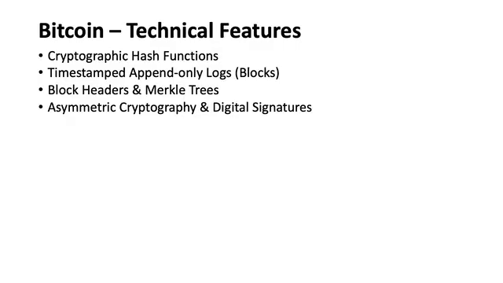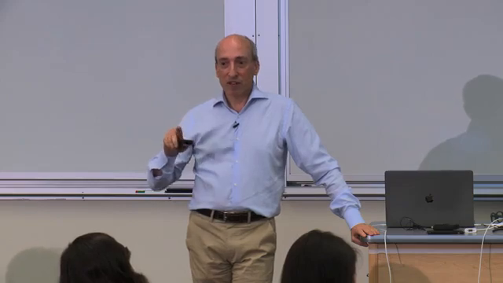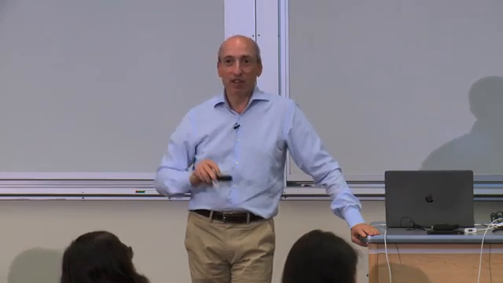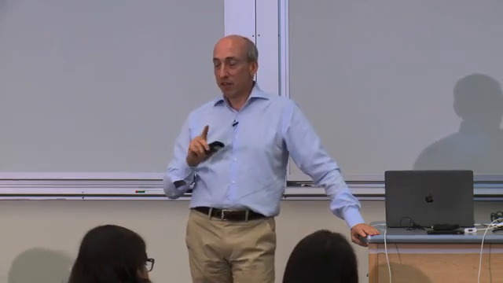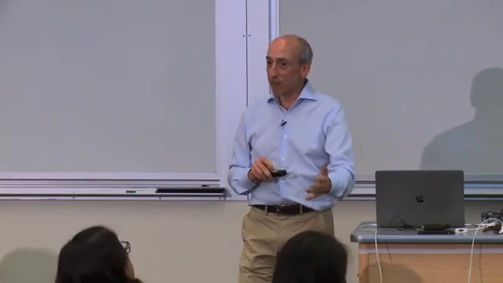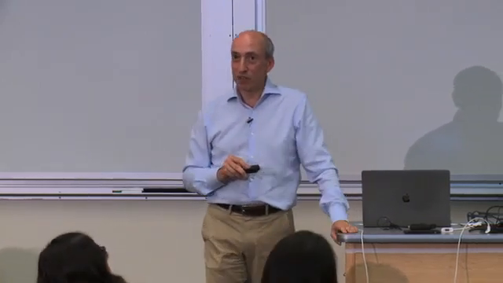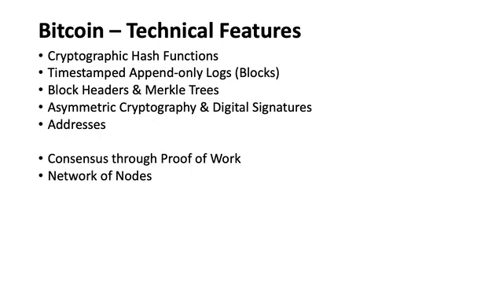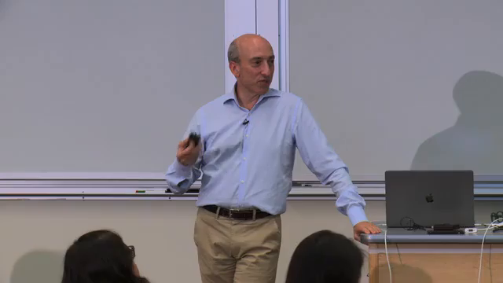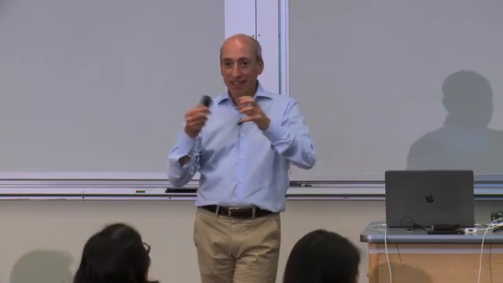Asymmetric cryptography, which is public key, private key, and signatures. The Bitcoin addresses themselves, which interestingly are a little bit different than public keys. And then I break, because we're going to talk about the rest next Tuesday: the proof of work, the miners, the nodes, the nonces are all in that little topic.